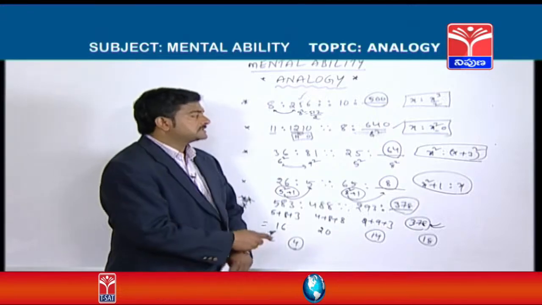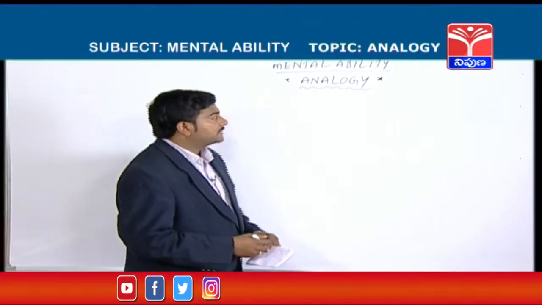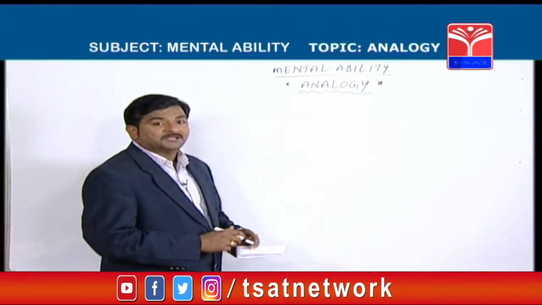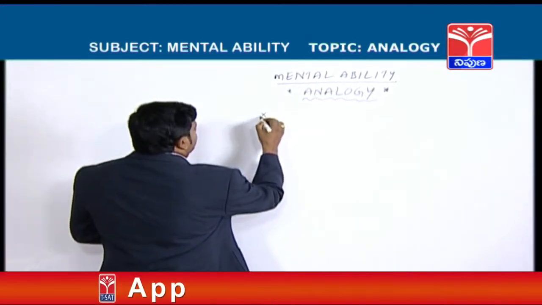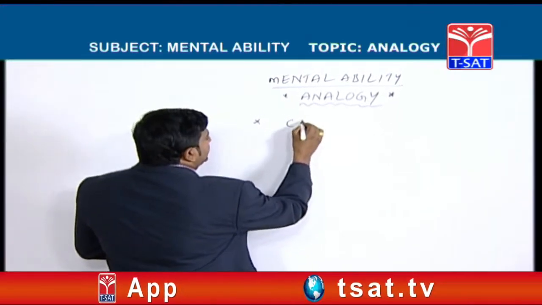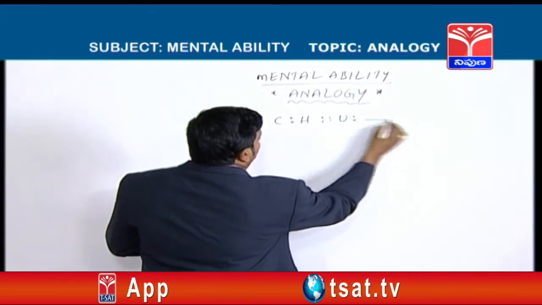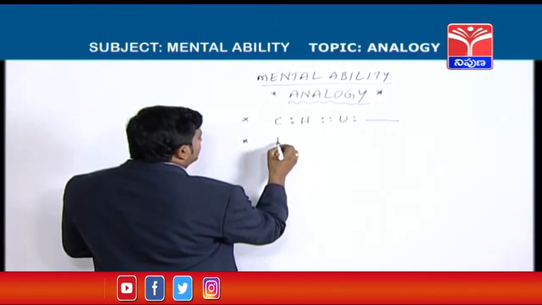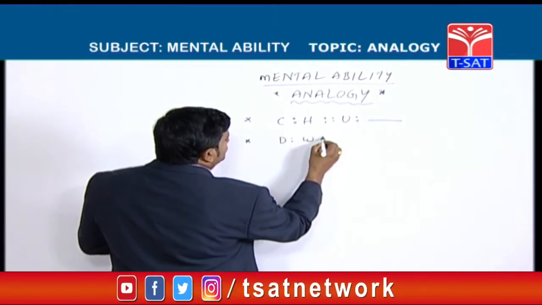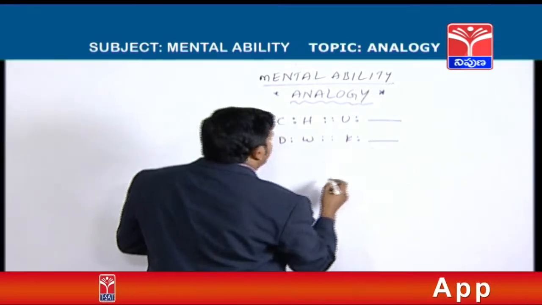Okay. Still we will discuss some other models. We will discuss about letter analogy part. Let us start by taking some examples regarding letter analogy. Okay. So now the question is follows like this. Let's say C is to H is as U is to dash. That is one question. And the next one is D is to W is as K is to dash.